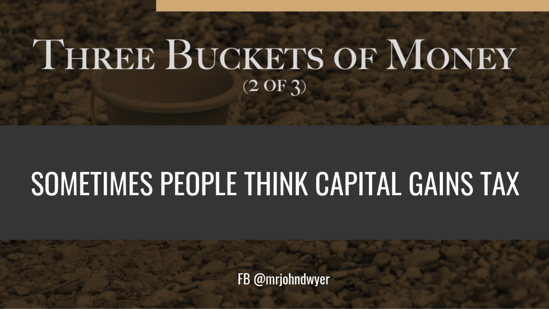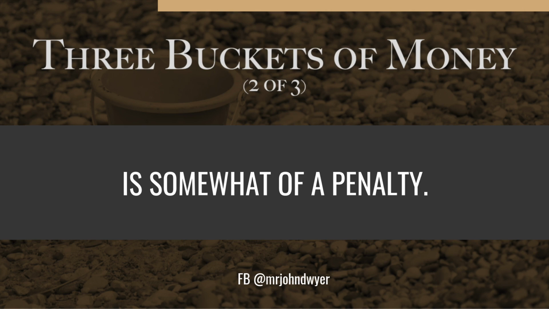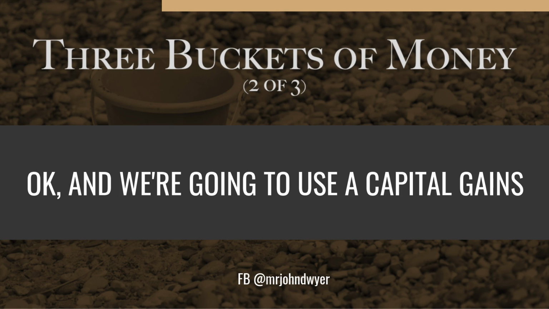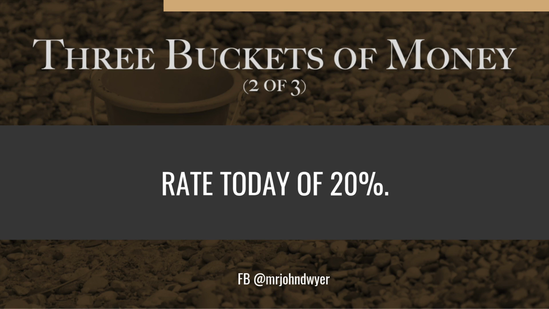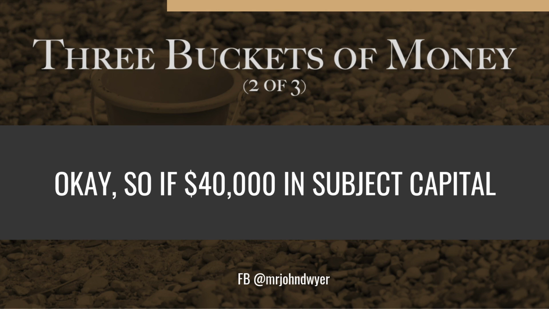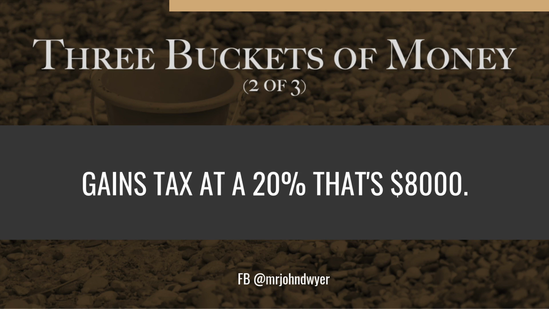Sometimes people think capital gains tax is somewhat of a penalty, that it's more than your ordinary income tax. That is not true. We're going to use a capital gains rate today of 20%. So if $40,000 is subject to capital gains tax at 20%, that's $8,000.